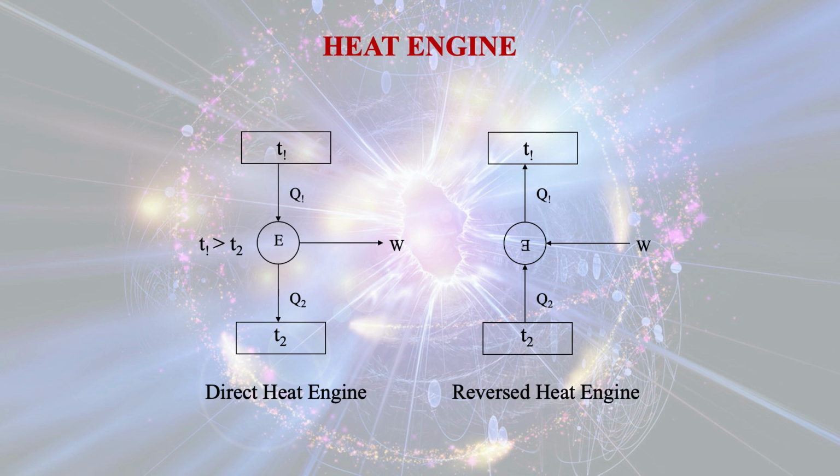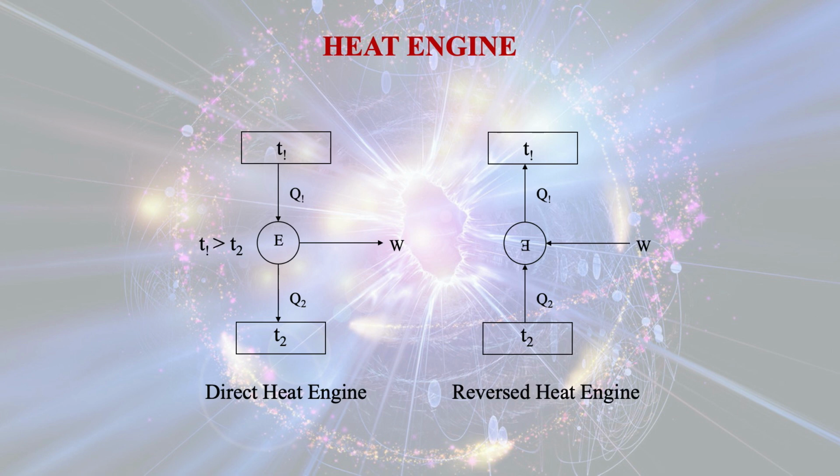In the direct heat engine, the engine takes the heat from a high temperature reservoir. We call it source, and for this case you see that Q1 is the heat received by the engine from the high temperature source, and engine performs work W, and Q2 is the heat rejected in the sink.